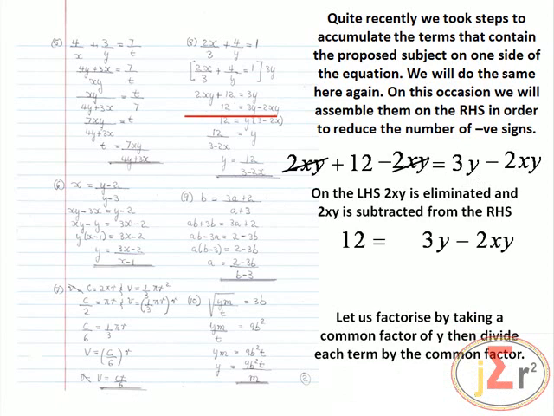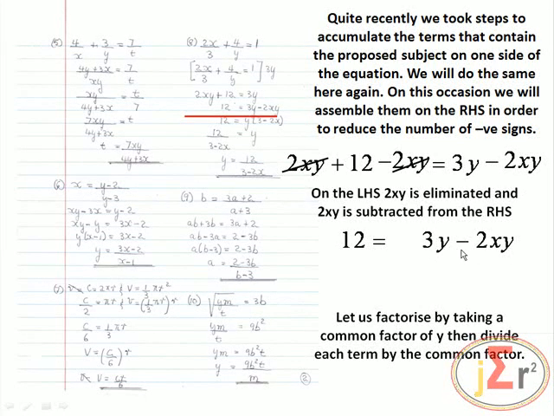What will we do? As usual, when we have two occurrences of the proposed subject, we will factorize, making it into one occurrence. And how do we factorize? We take the common factor out, and the common factor is y. And what do we do after that?